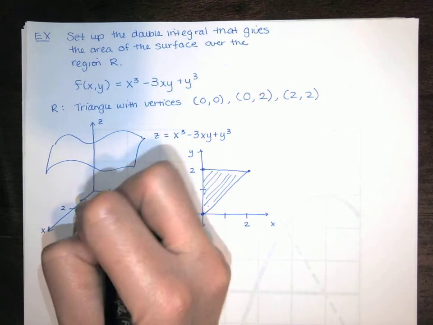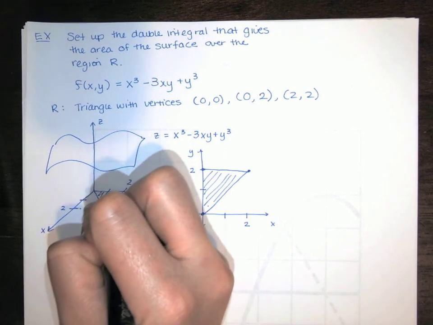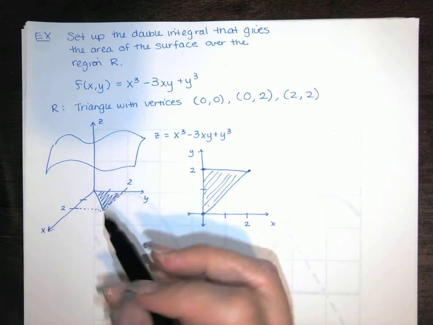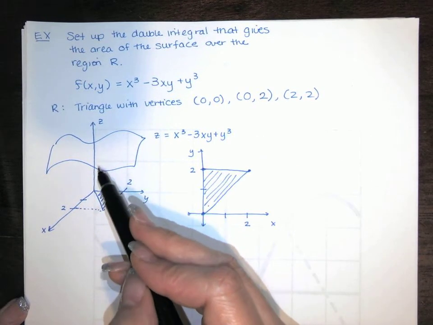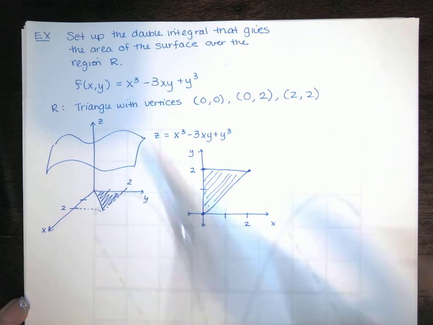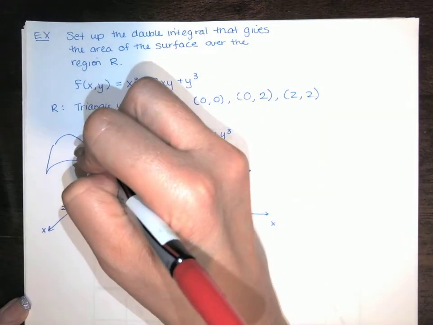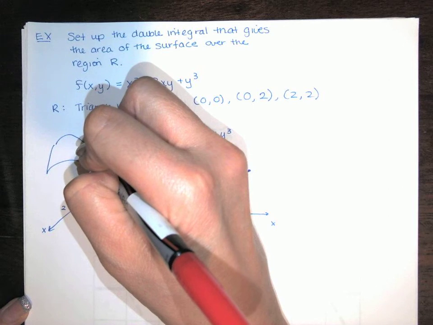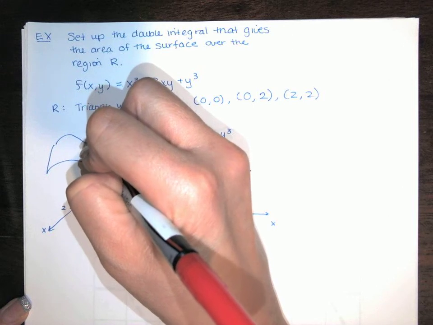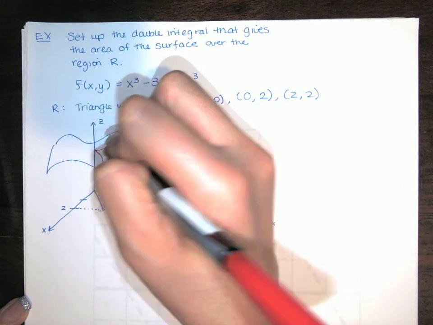So I've got some surface. I want to know, what is the area of the part of the surface that lies above this triangle? So maybe this triangle meets the surface like here. And then on this line, maybe it looks like this.